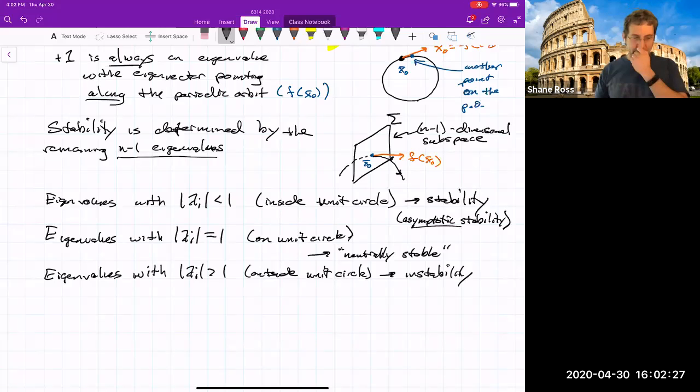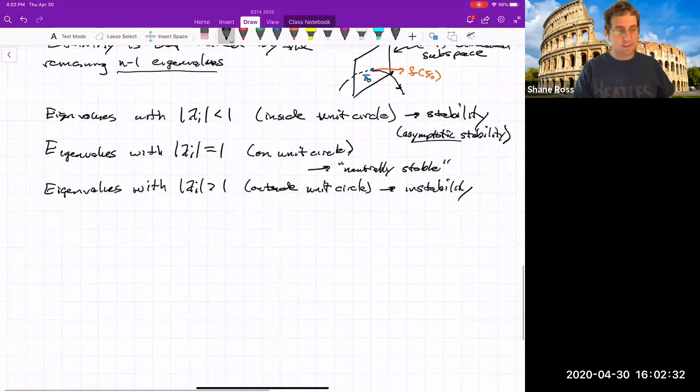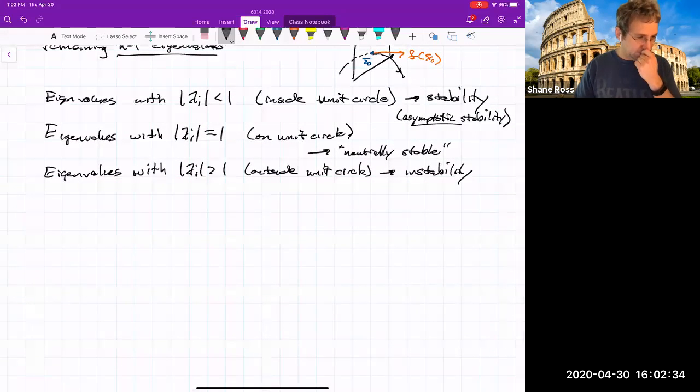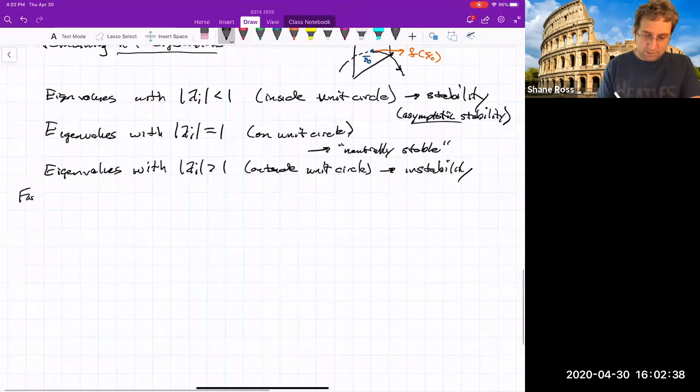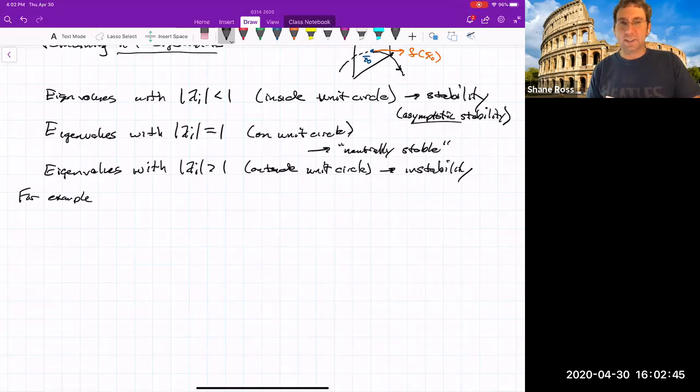So let's just go through some conceptual examples to give you the idea. Let's suppose we're looking at a 3D world. So x dot is f of x, where x is in R3.